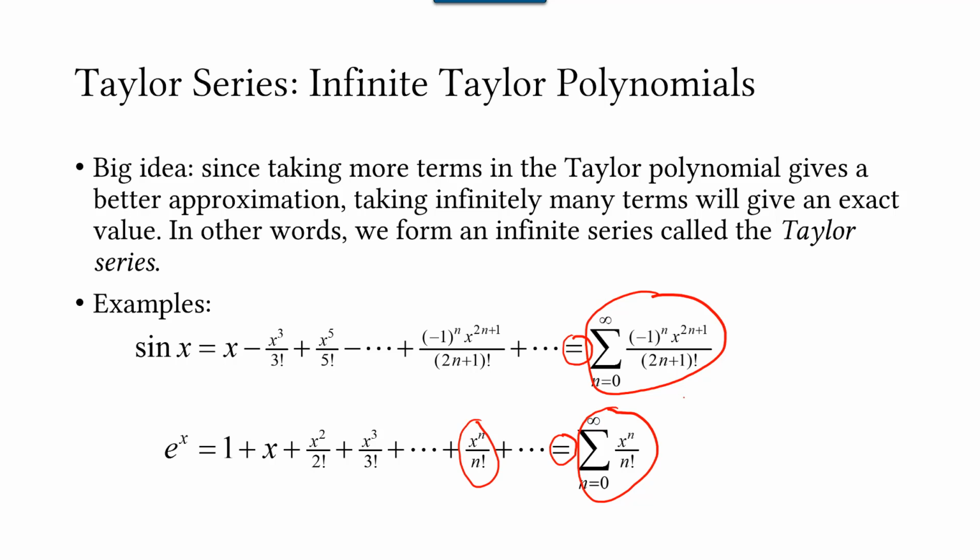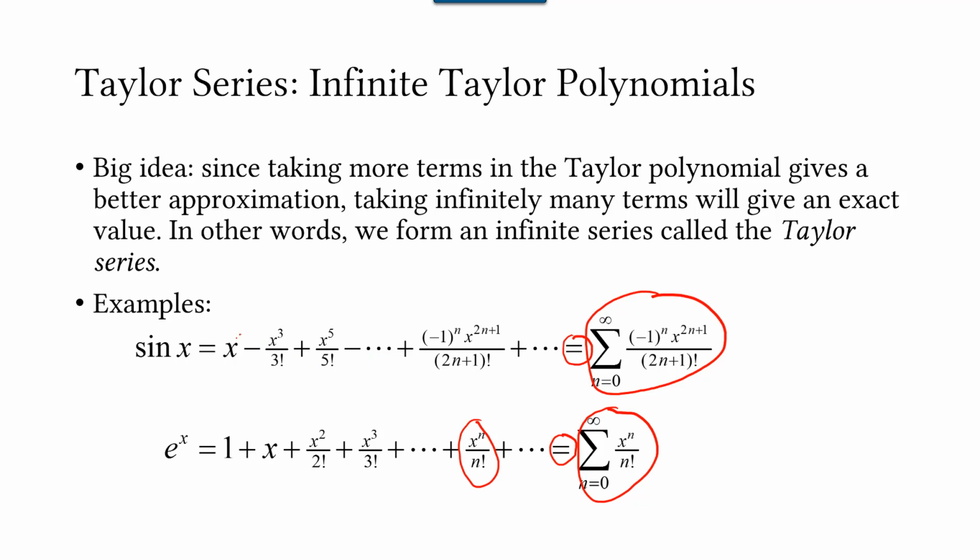A bit of math trivia for you here. You may remember that the sine of x is an example of what we call an odd function. And similarly, the cosine of x is an example of a function that we would call even. That language actually comes from Taylor polynomials and Taylor series.